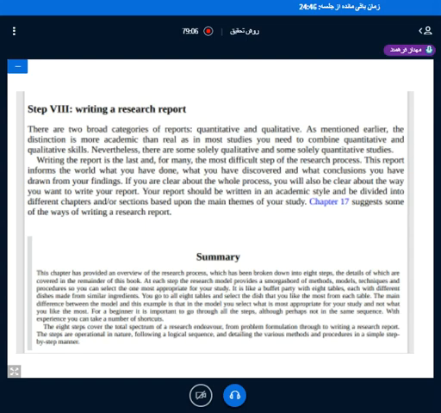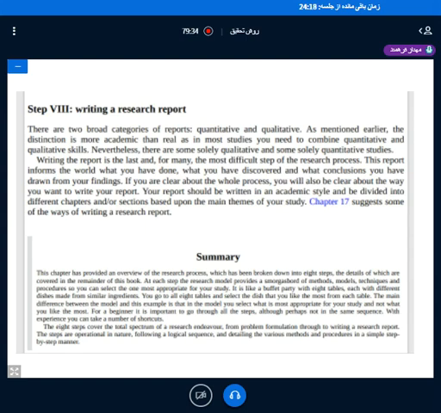Yes, really, this step is the most difficult step. Writing a research report is very important. This report informs the board what you have done, what you have discovered, and what conclusion you have drawn from your findings. If you are clear about the whole process, you will also be clear about the way you want to write your report.